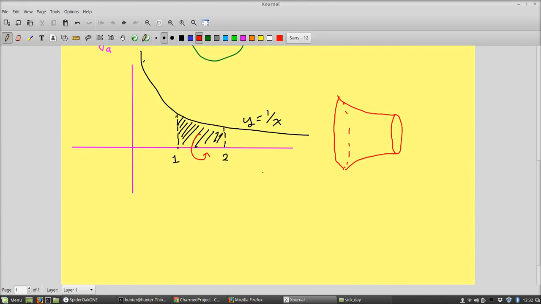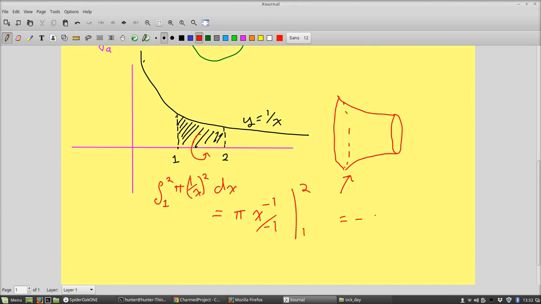And now we know from the formula that the volume of that solid is just the integral from 1 to 2 of pi times 1 over x squared dx. So that's pi times x to the minus 1 over minus 1, from 1 to 2.